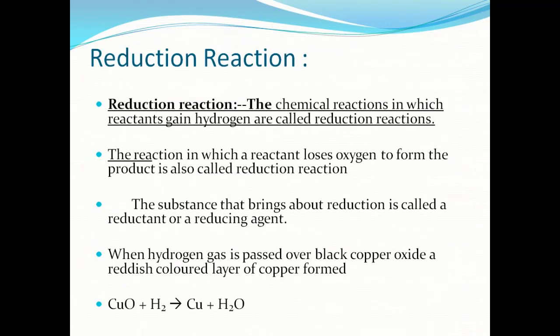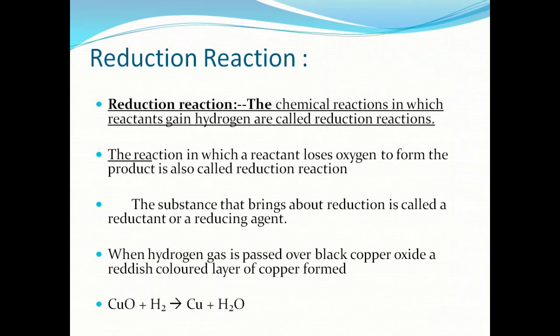Now next, reduction reaction. The chemical reactions in which a reactant gains hydrogen are called reduction reactions. The reaction in which a reactant loses oxygen to form the product is also called a reduction reaction.